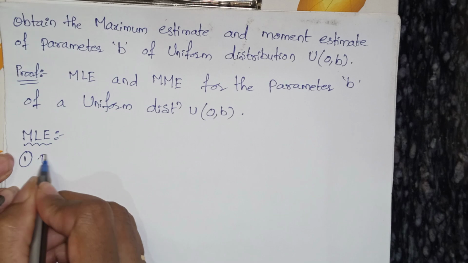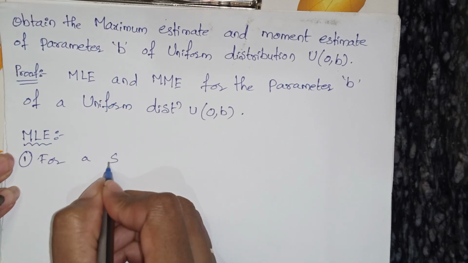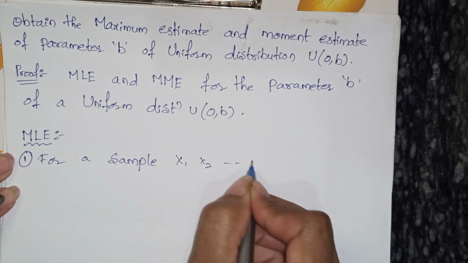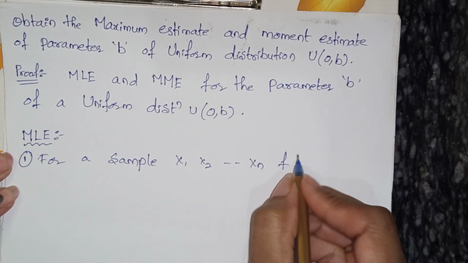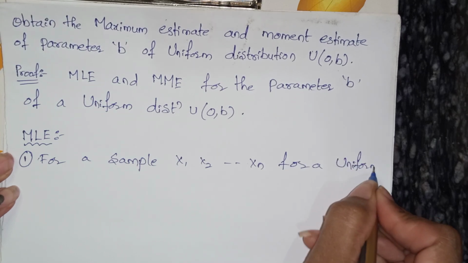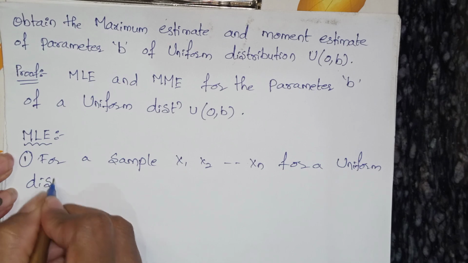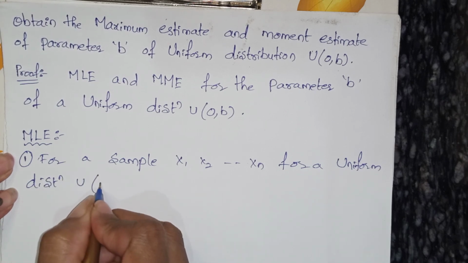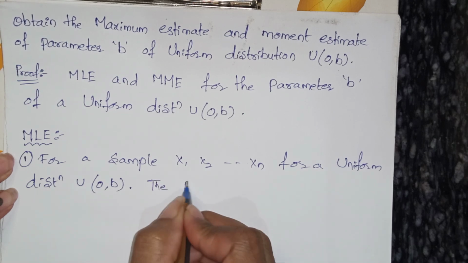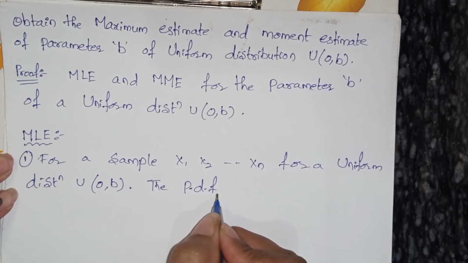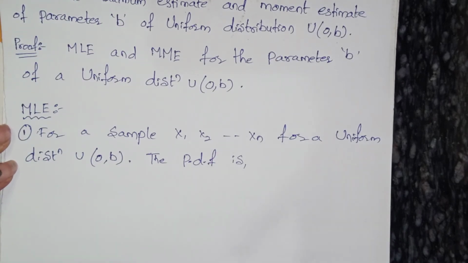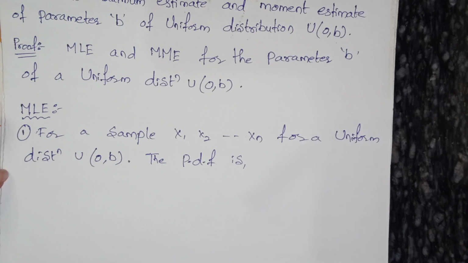For a sample x1, x2 and so on up to xn, for a uniform distribution U with mean 0 and variance B, the probability density function is denoted with f of x.